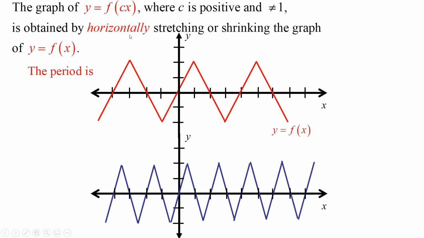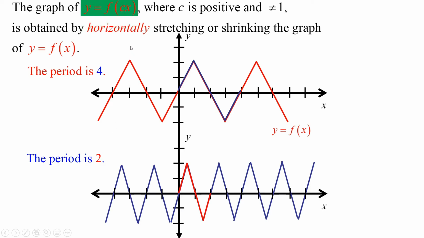So, one more time, this is our same red piecewise linear function with a period of 4. And now we've taken that function and it looks like we have horizontally compressed it. So the period of this function would be, well, let's follow the curve. It only takes 2 units now for the pattern to repeat. So this function has a period of 2. Now, very simple.